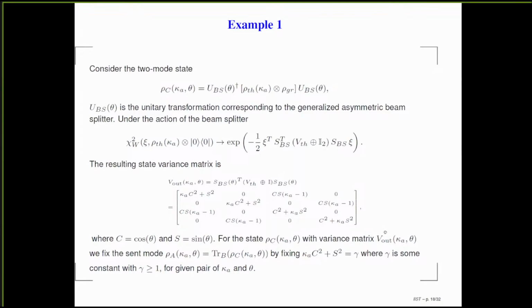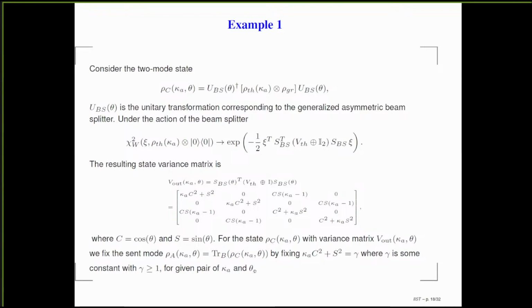Now you can do all these partial trace calculations. The A mode is nothing but trace over B of rho C, which is rho AB of this original state, defined through a thermal parameter kappa. You can fix these two entries, the energy basically, for a given pair of kappa and transmittivity theta.